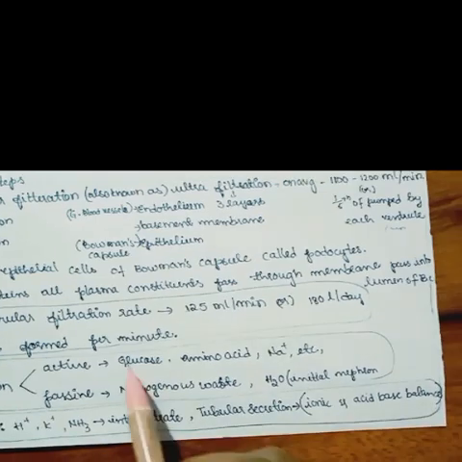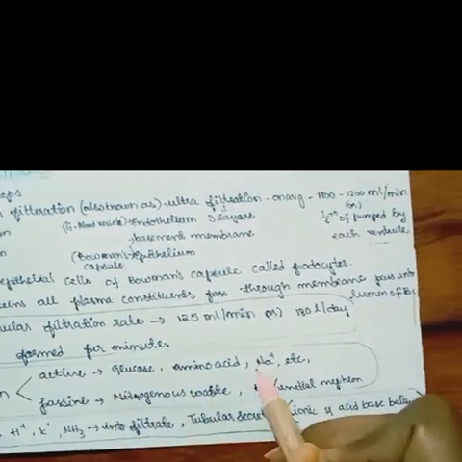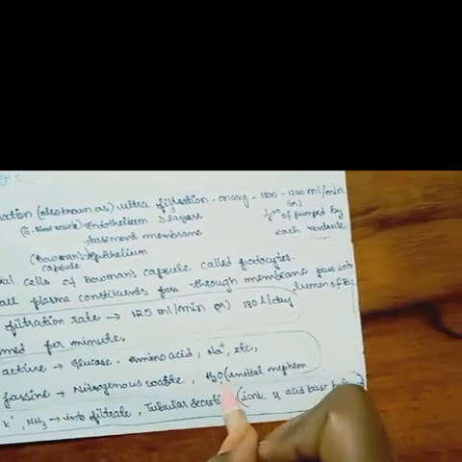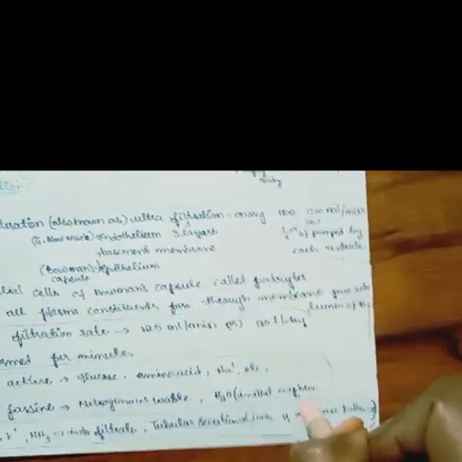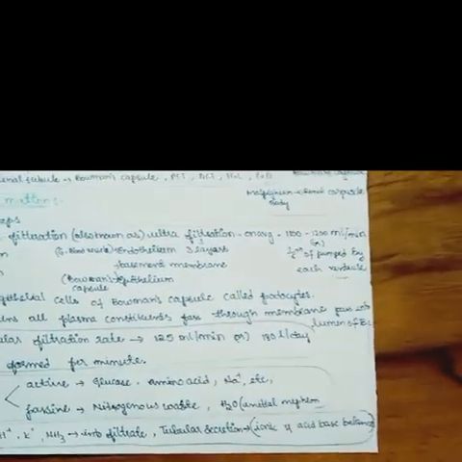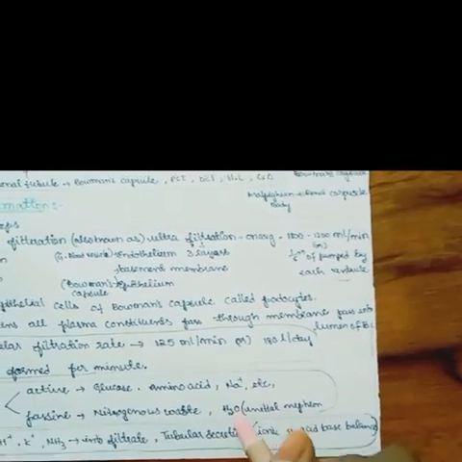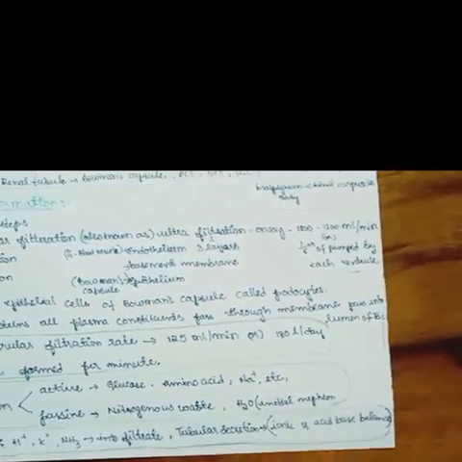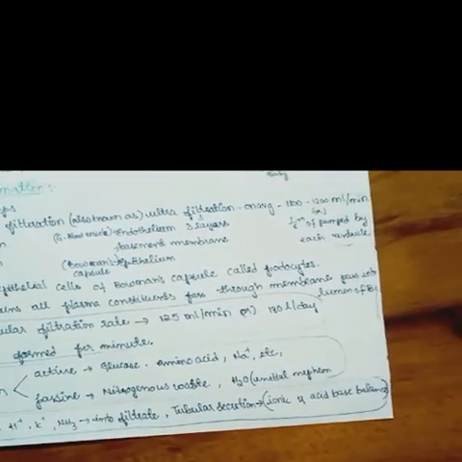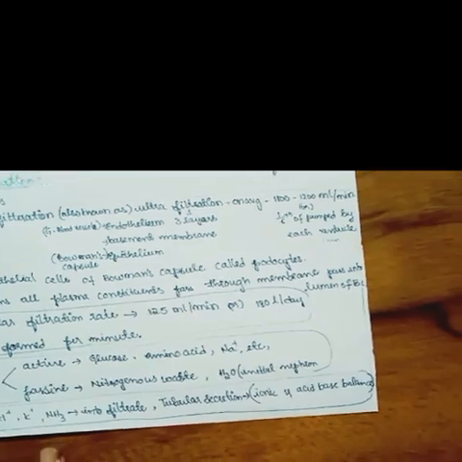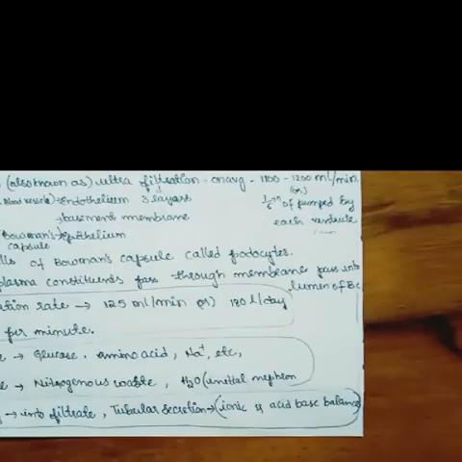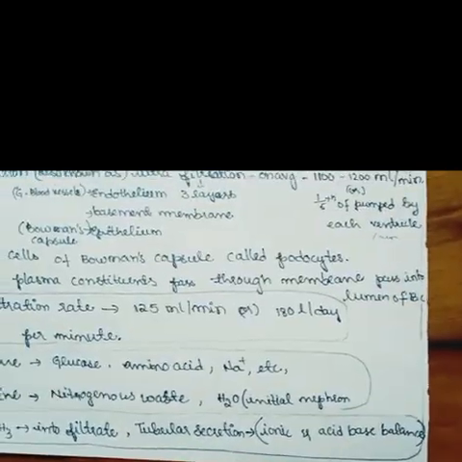Active reabsorption is done for glucose, amino acids, sodium ions, etc. Whereas passive reabsorption is done for nitrogenous waste and H2O, that is water, in the initial nephron segments like the PCT. Next, H plus, K plus and ammonia are secreted into the filtrate. Tubular secretion maintains ionic and acid balance in the body fluids.